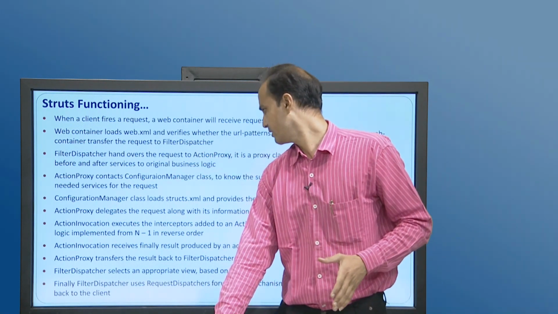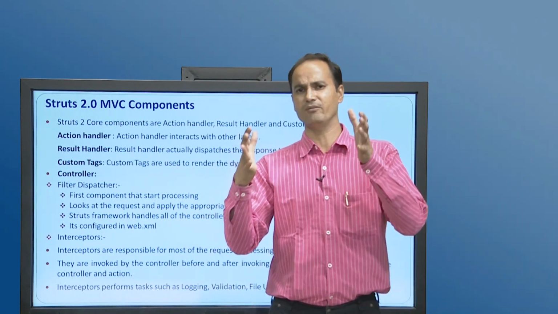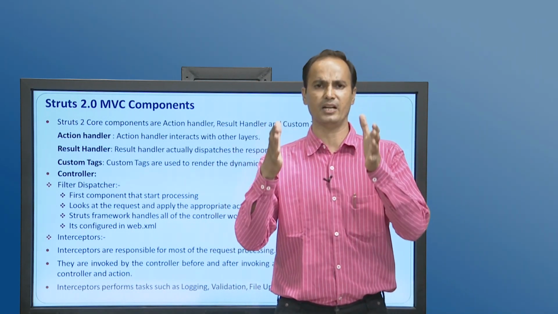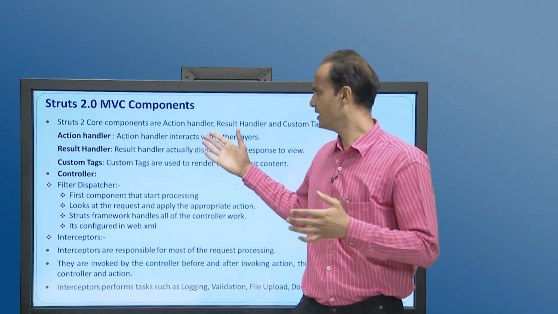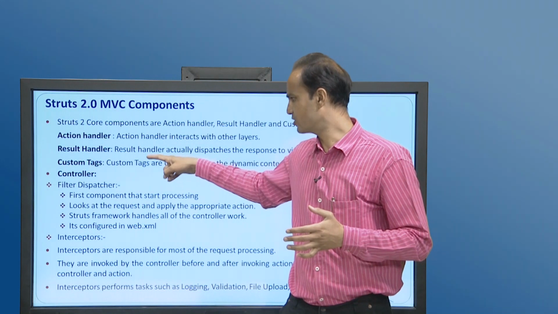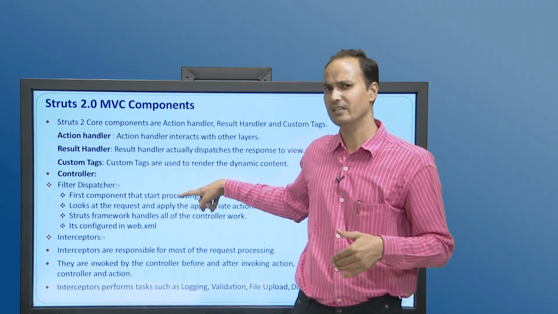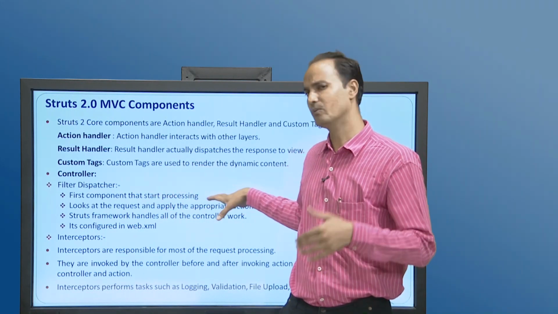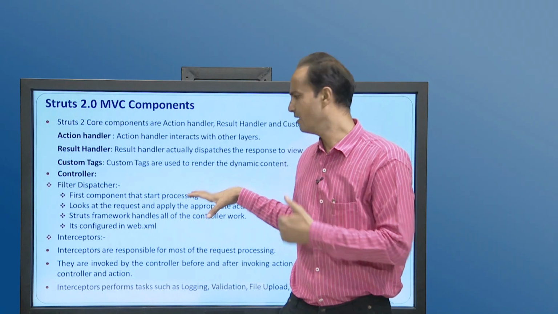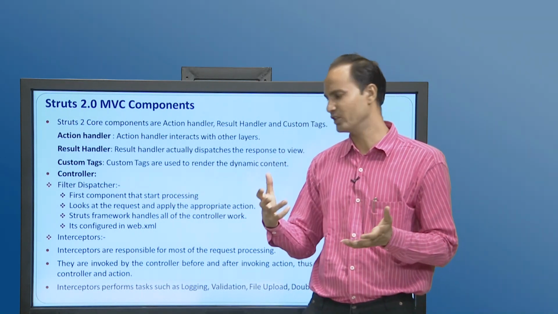Now, Struts 2.0 MVC components. As we have seen, MVC consists of controller, model and view. The controller has the filter dispatcher, which looks for the component to start the process, then looks at the request and applies the appropriate action.